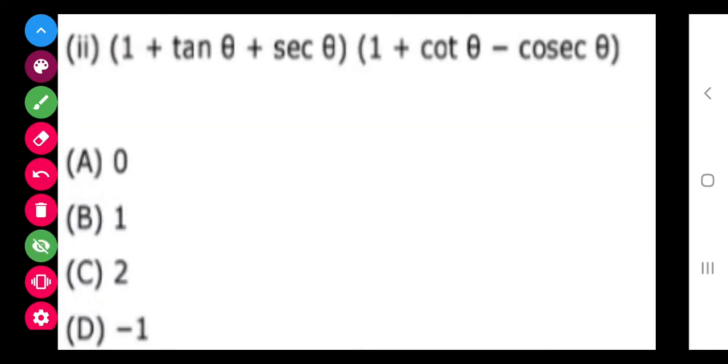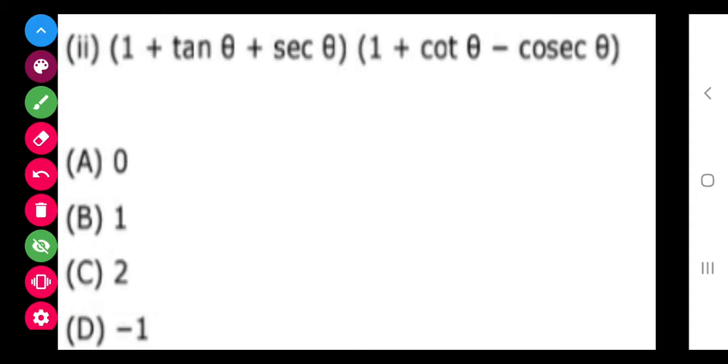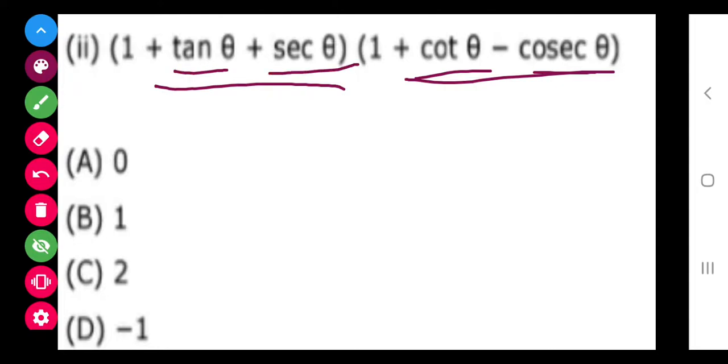Now the next part is this. This is given and we have to find which of these values will be the answer. So class, as in the previous question there was a direct relation between sec and tan, but here you can see that there is no such relation. Cot is there, cosec is there, tan is there, sec is there.